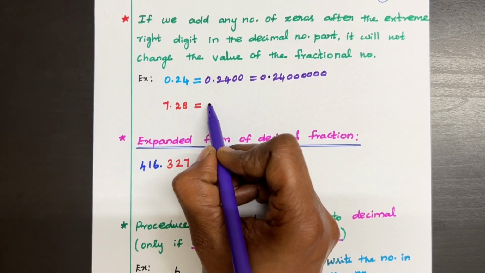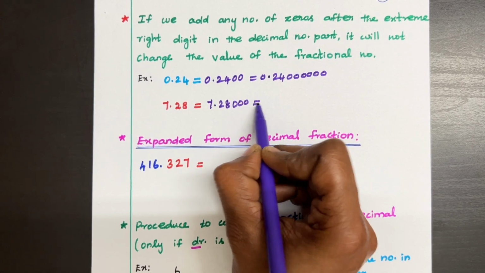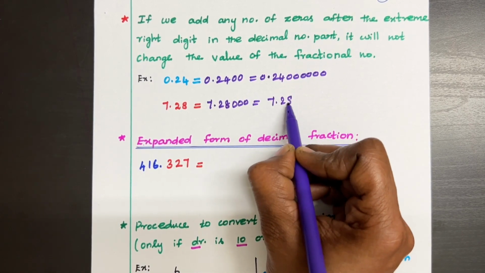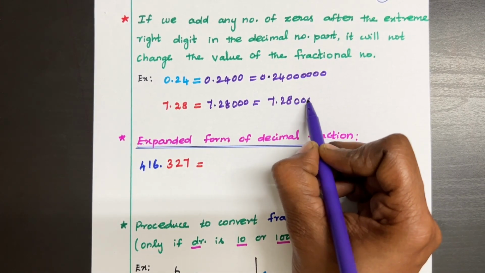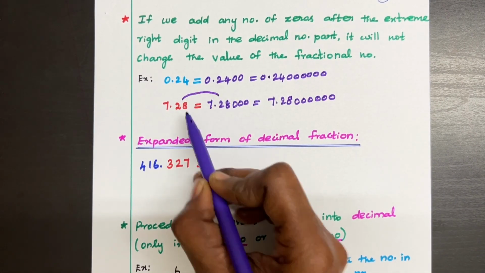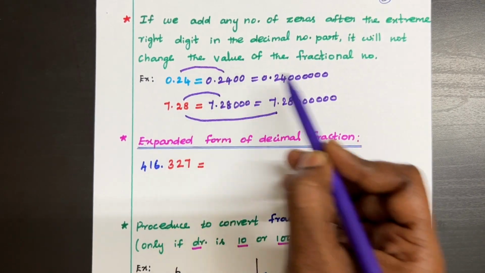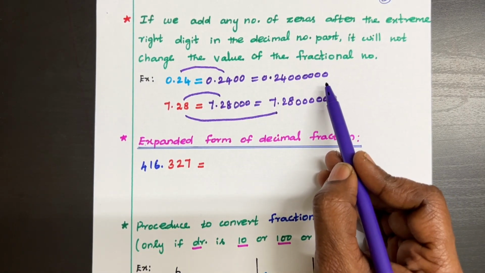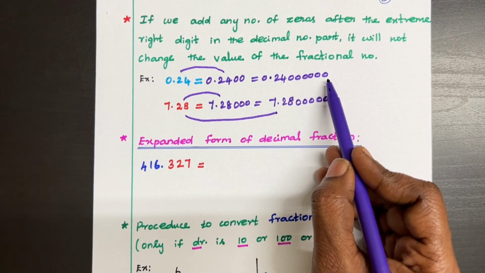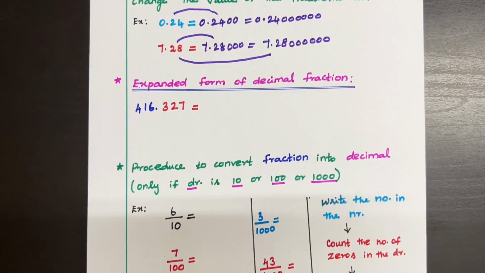Similarly 7.28, you can also give as many zeros. It won't affect the value. It is the same as, all are the same. So all these values are the same. If you add zeros at the end of the decimal digits, it won't affect the value of the decimal.